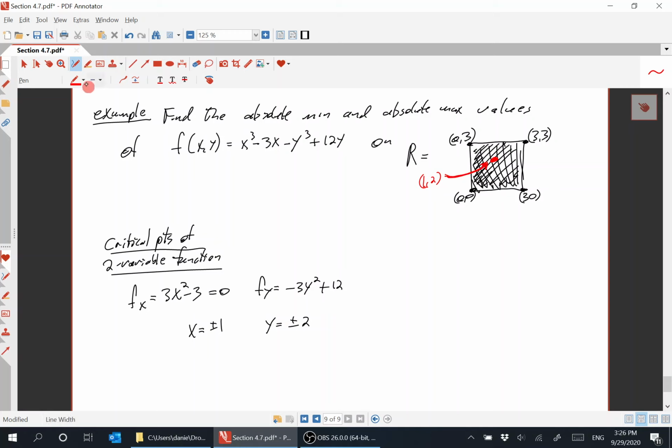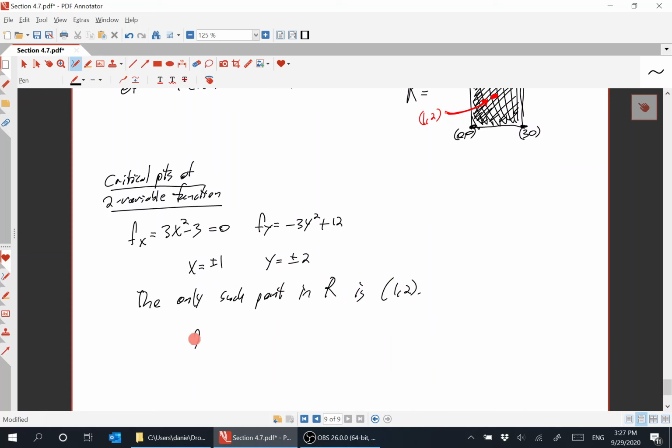Right, and that's our only critical point. There's also (-1, 2), (-1, -2), (1, -2), but those are not in R. The only such point in R is (1, 2). So that's our only critical point.